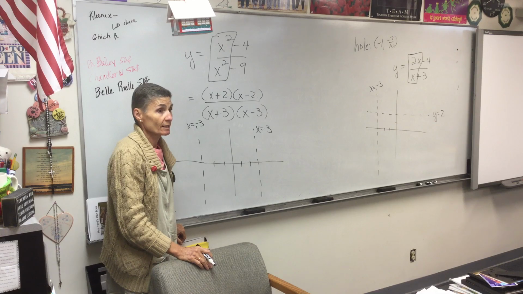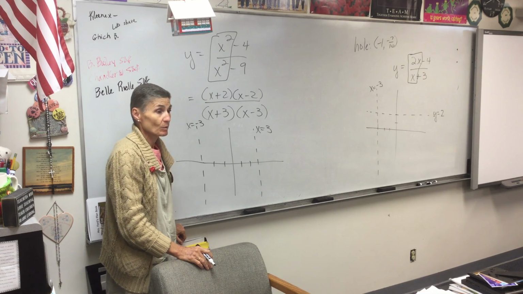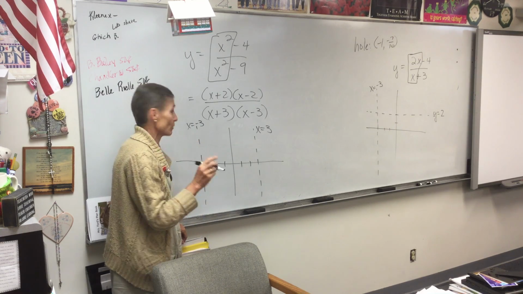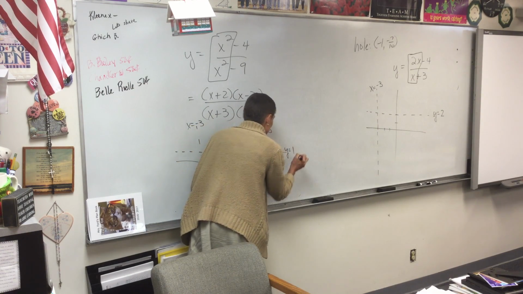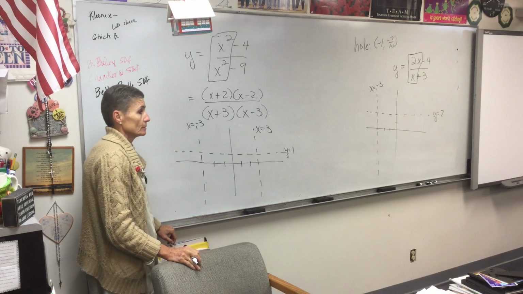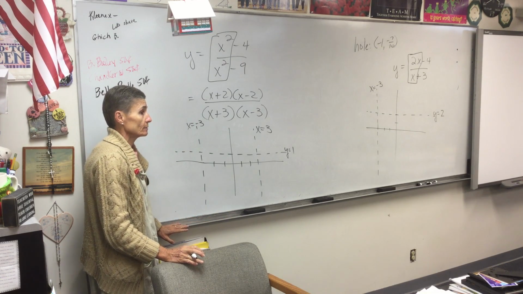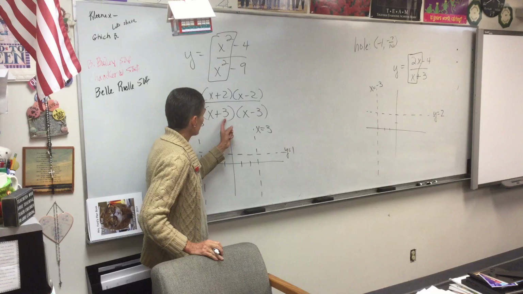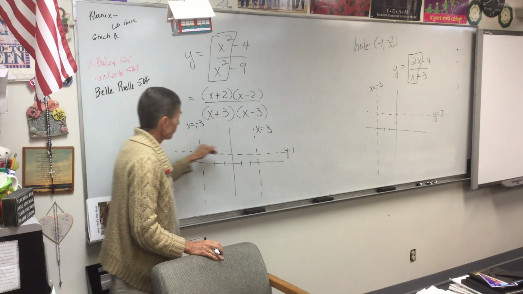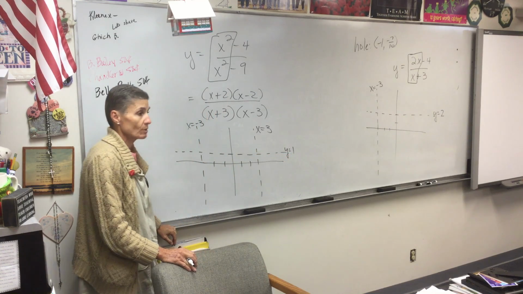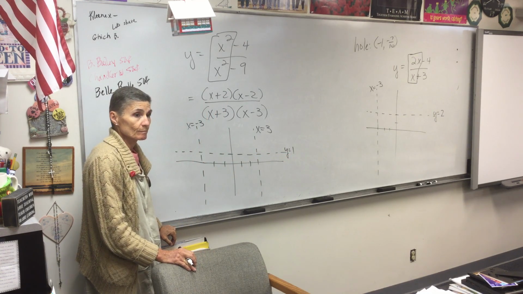Where's that horizontal asymptote going to be? That would be y equals 1. No holes. Two vertical asymptotes, because there's two things in the denominator, and then a horizontal asymptote, y equals 1.